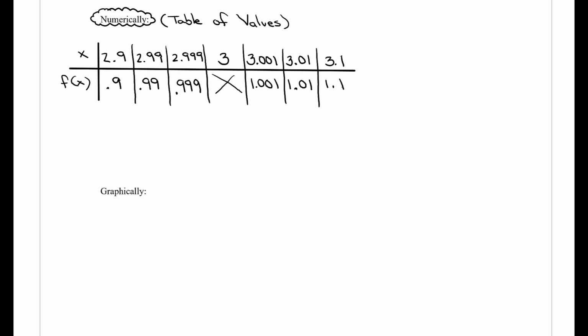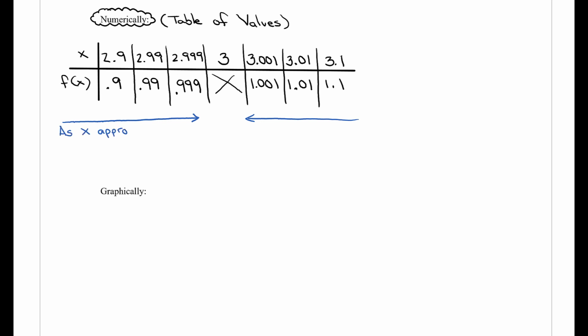So now that we have our table of values, we can see that as x approaches 3 from the left-hand side, and I'm drawing an arrow underneath my table of values, coming in from the left as I'm pointing to 3, and as I'm approaching from the right, and I'm also drawing an arrow underneath my table of values, coming in from the right towards 3, I can see that the values for f of x are getting closer and closer to the value of 1.